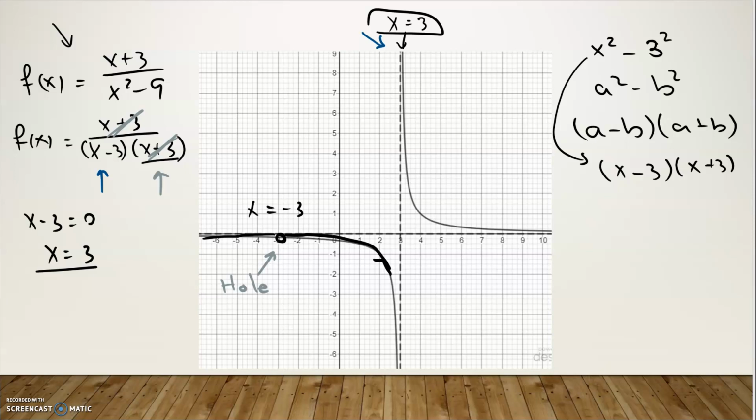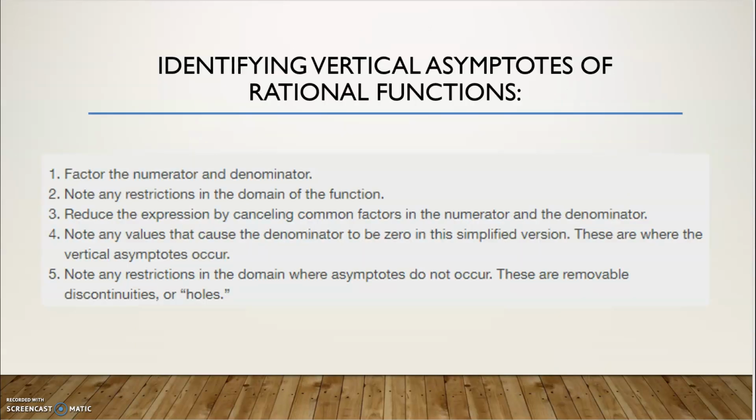But if I take this right here, x plus 3, and set it equal to 0 and solve, hey, at x equals -3, I've got a hole, which lines up because I was able to cancel that point out. So that's how you can tell if you've got a hole in your graph or if you've got an asymptote in your graph.